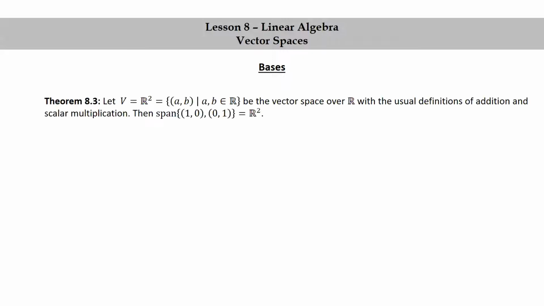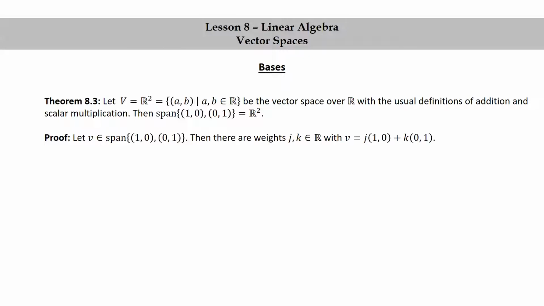Theorem 8.3. Let V equal R2, the set of pairs (a, b) such that a and b are real numbers, be the vector space over R with the usual definitions of addition and scalar multiplication. Then the span of the set {(1, 0), (0, 1)} is equal to all of R2. Let's prove this. First, let v be in the span of (1, 0), (0, 1).